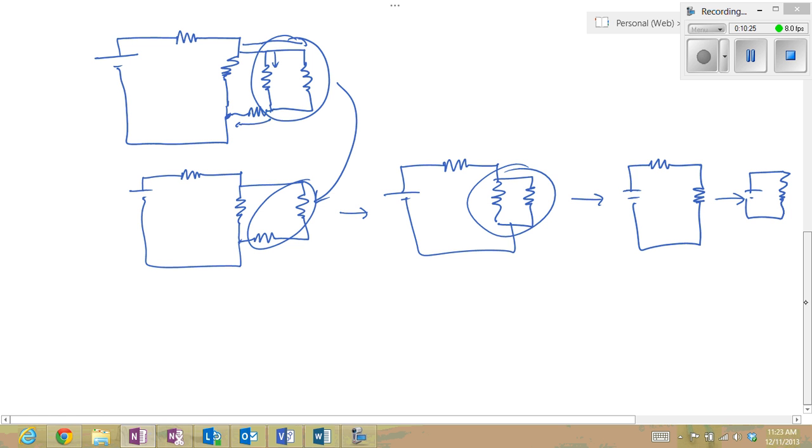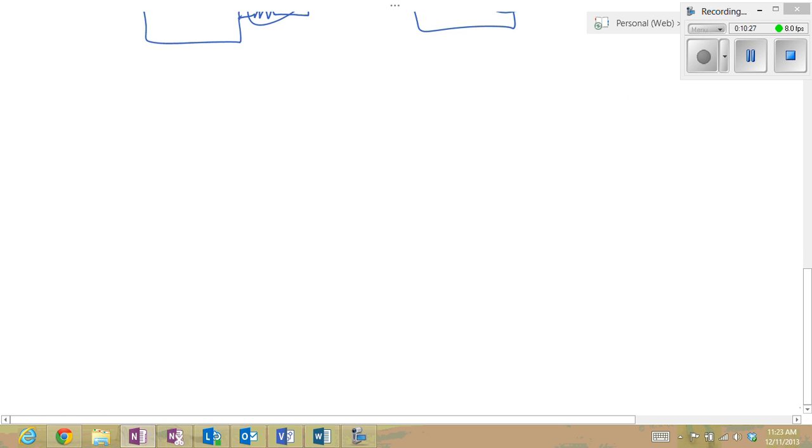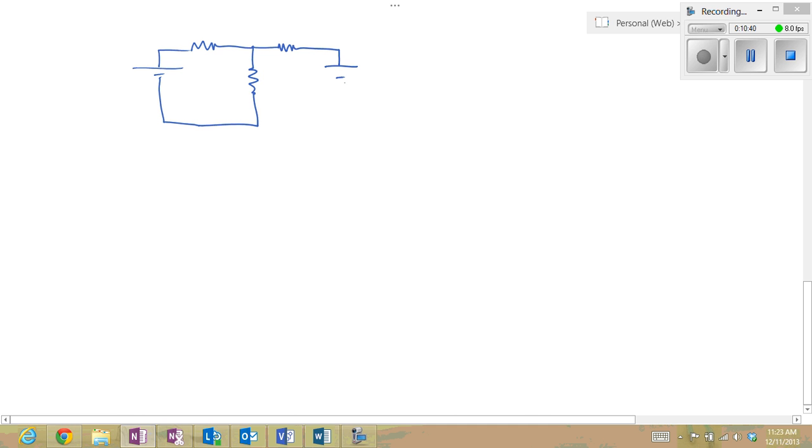There are circuits that are not possible to build like this. A classic version of this is something that looks like this. If we have two batteries involved, we can no longer combine these two, like let's take for example this resistor and this resistor. They look like they're in series from this battery, right?